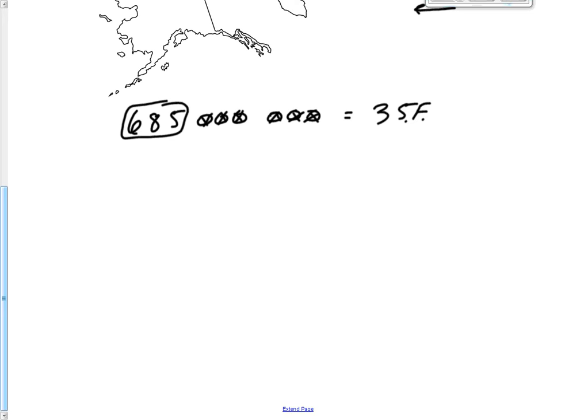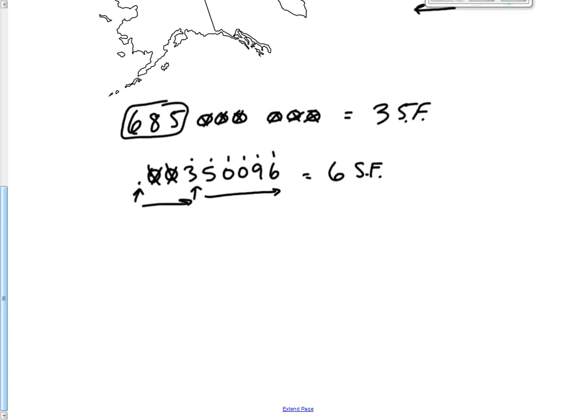Okay, let's do the next one. 0.00350096. Okay, we have a decimal. It's right there. So we're going to start on the left and work our way to the right. Cross out these zeros, and our first non-zero is the number 3. So we're going to count number 3 and everything to the right of it. So 3, 5, 0, 0, 9, and 6 are all significant here. So we have 1, 2, 3, 4, 5, 6 significant figures.